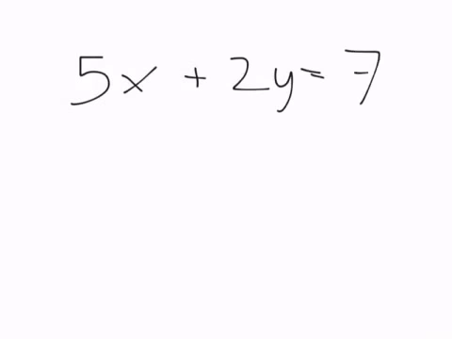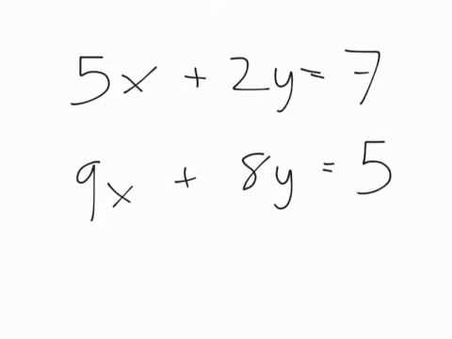But simultaneous equations is finding x and y that satisfy two equations. Simultaneous means at the same time. So let me give you an example, because I realise that that's quite difficult to follow. If we have 5x + 2y = 7 and 9x + 8y = 5, then this is a simultaneous equation.